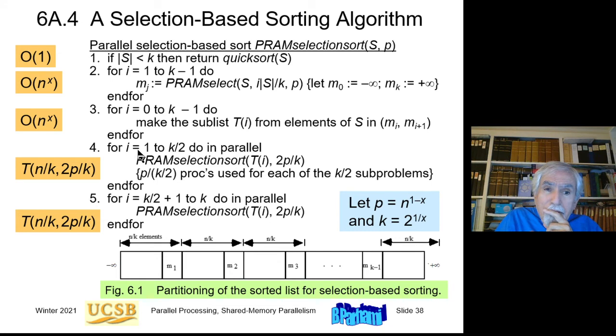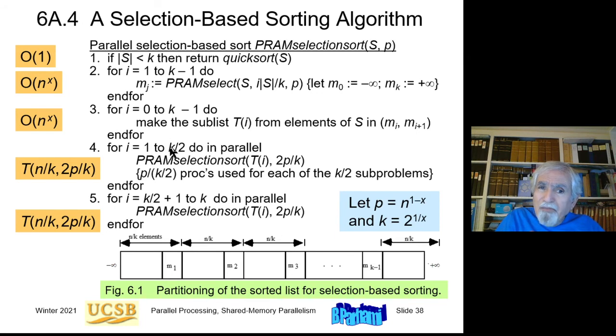Now we do 2 steps. After we have formed these lists, we have k sublists to sort. It turns out we cannot sort all k sublists at once, and we'll see why in a minute.